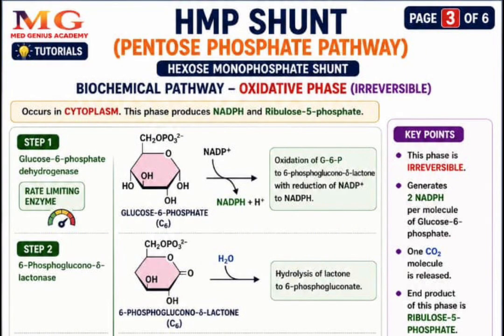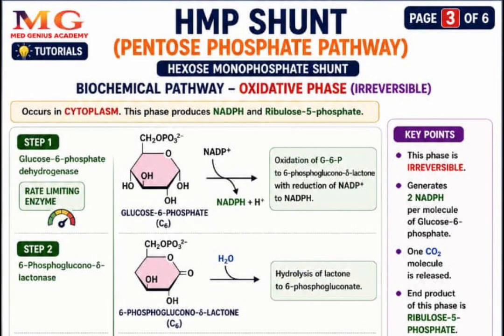The oxidative phase is called the irreversible phase, which means you cannot go back, you are only going one way. And it occurs in the cytoplasm, like I talked about. The goal of the oxidative phase is to produce NADPH and also to produce ribose 5-phosphate.